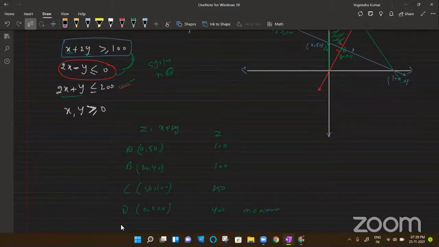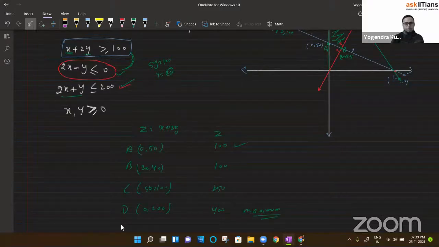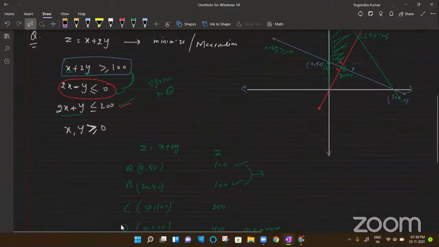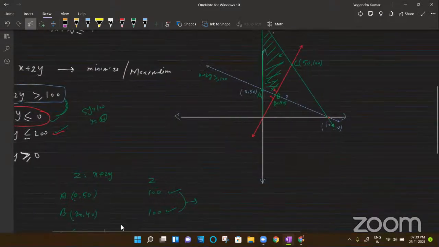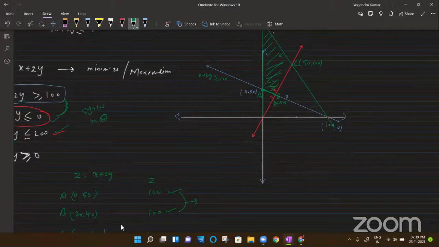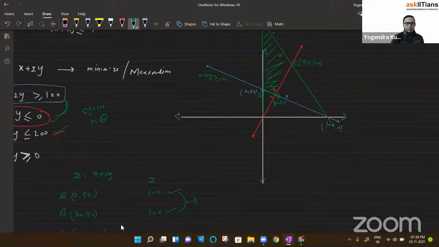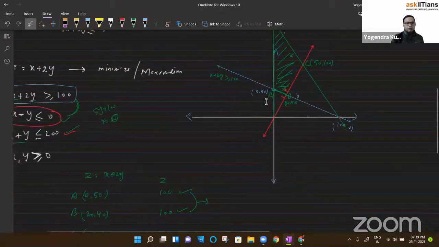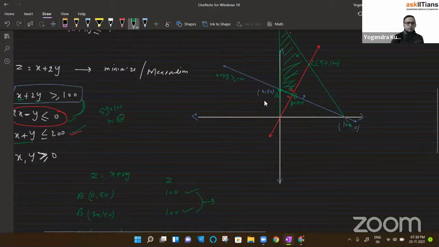And the minimum is along the line AB. It's not only those two points; every point on the line will give the same value.